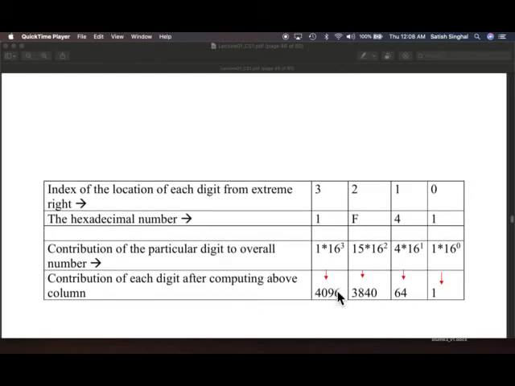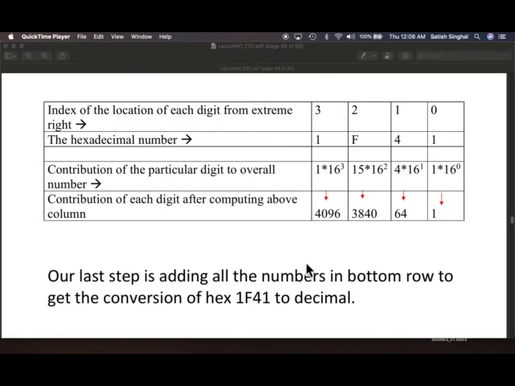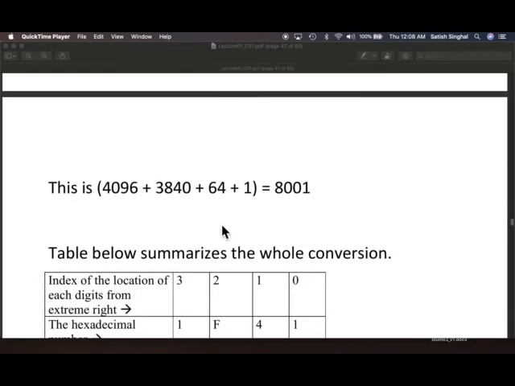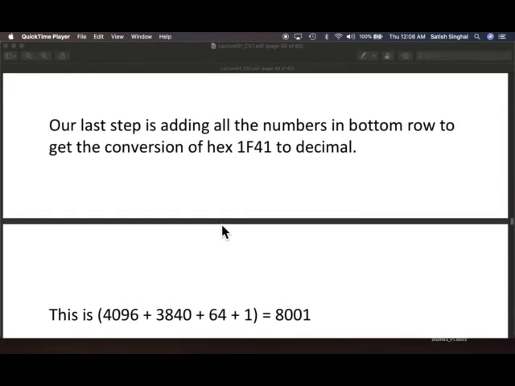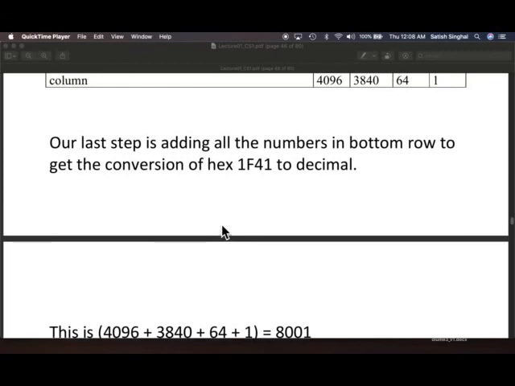Okay, and our last step would be adding all these numbers in the bottom row to get the conversion of 1F41 to decimal, and we show that right here. If I add 4096 plus 3840 plus 64 plus 1, it will come to 8001.